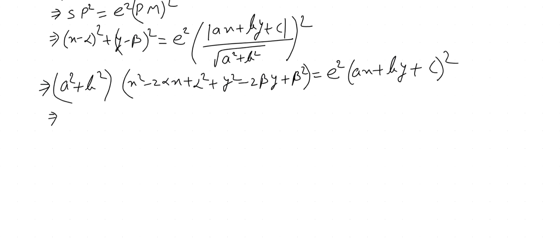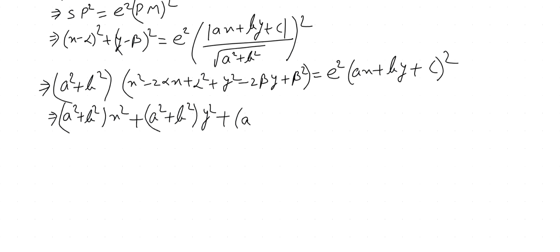So here it is going to be (a square plus b square) times x square plus (a square plus b square) times y square, plus (a square plus b square) times everything else, that is alpha square plus beta square minus 2 alpha x minus 2 beta y, and this is all the left hand side.